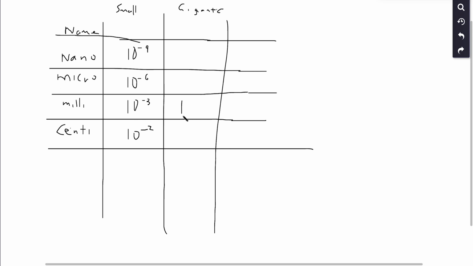So this would be 10 to the 3rd, and this would be kilo. And we can do mega, which would be 10 to the 6. Then we could do giga after mega, so that'll be 10 to the 9th.